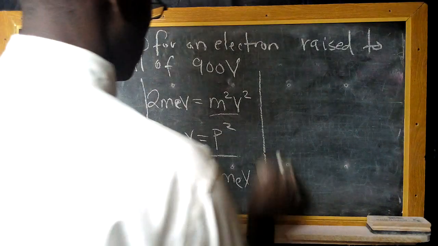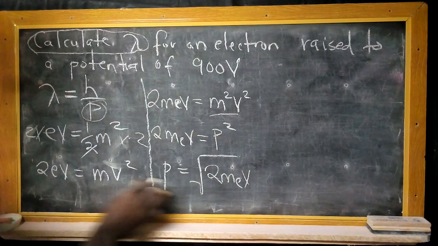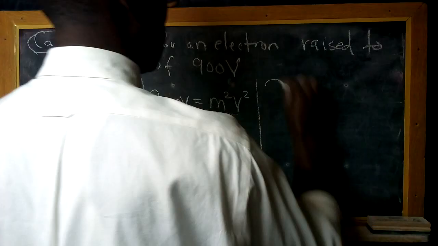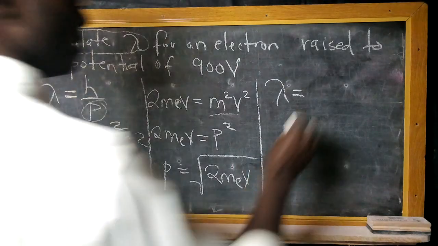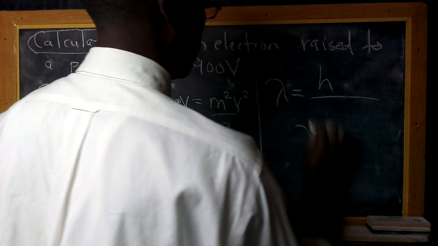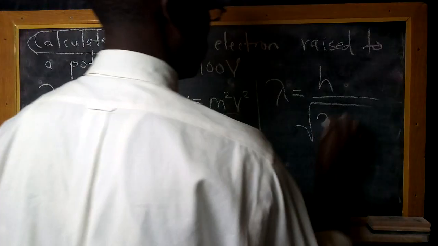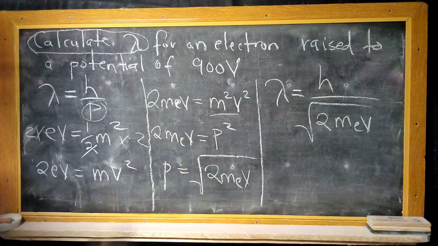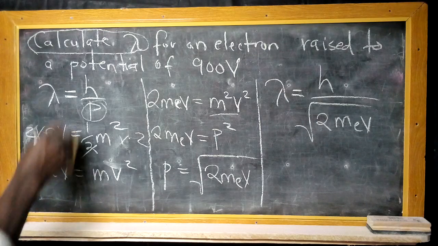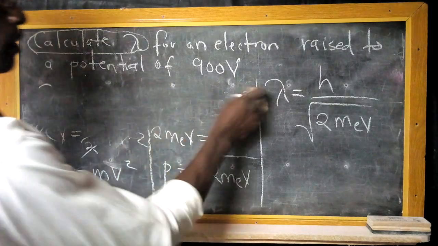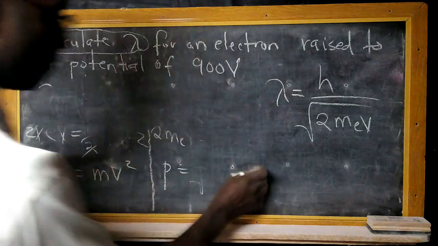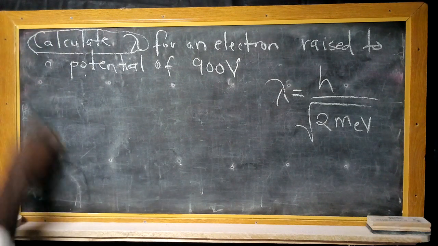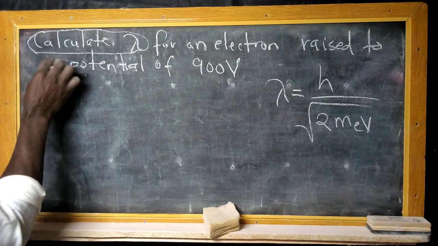Okay, great. So let's do a substitution for momentum. We shall have de Broglie's wavelength as Planck's constant divided by the root of 2meV. That is the principle we had mentioned earlier that we are going to apply. We shall look for a simpler form of that equation, because some of its parts are known constants.